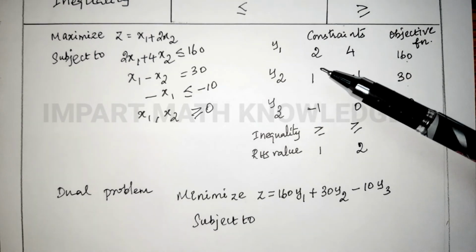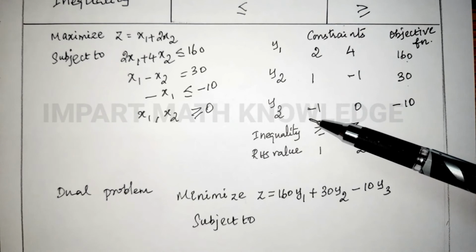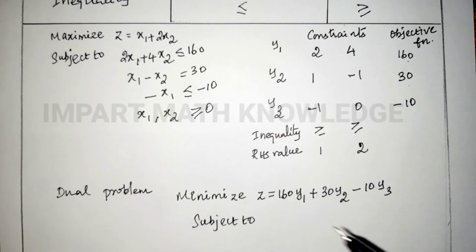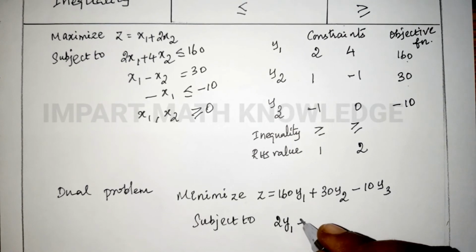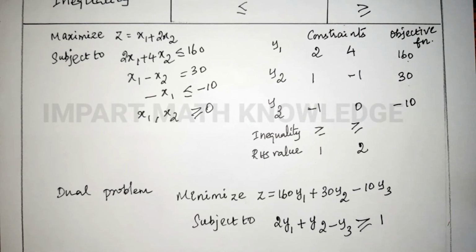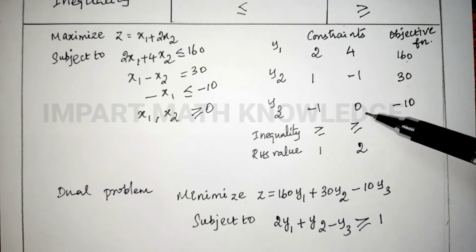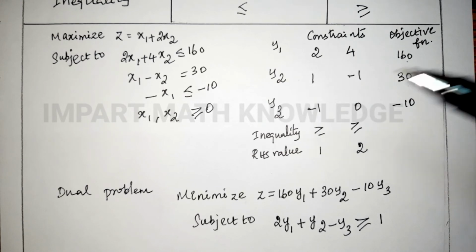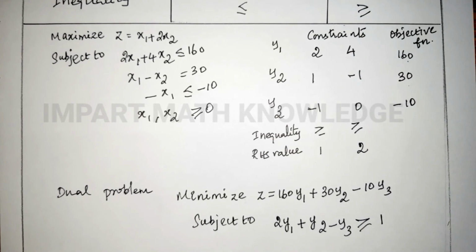Subject to the first condition is 2 into y1 plus 1 into y2 minus 1 into y3 greater than or equal to 1. That is 2y1 plus y2 minus y3 greater than or equal to 1. Second condition is 4 into y1 minus 1 into y2 plus 0 into y3 greater than or equal to 2.